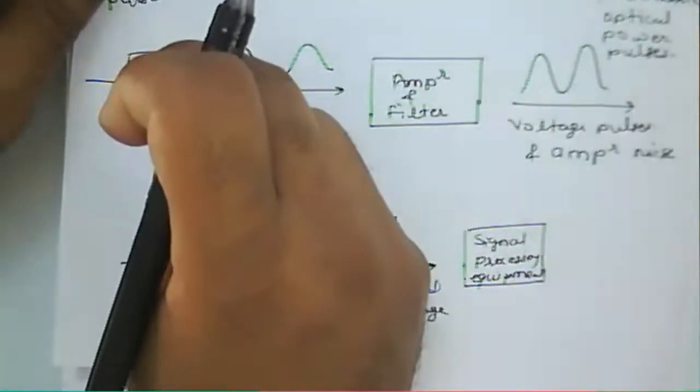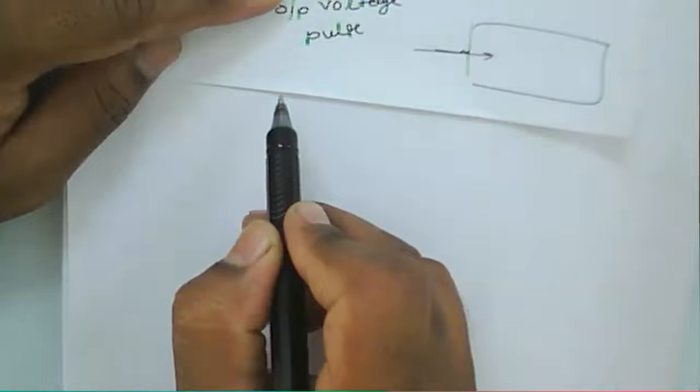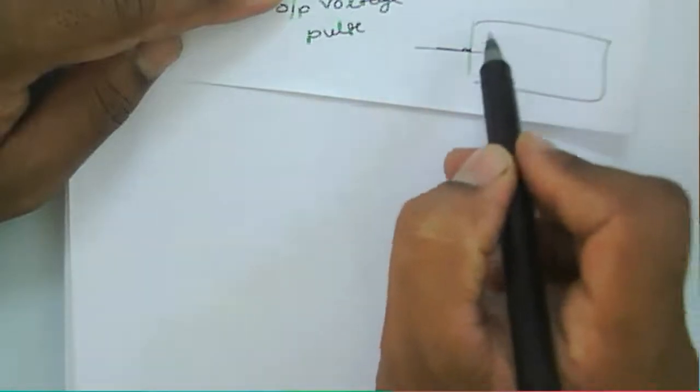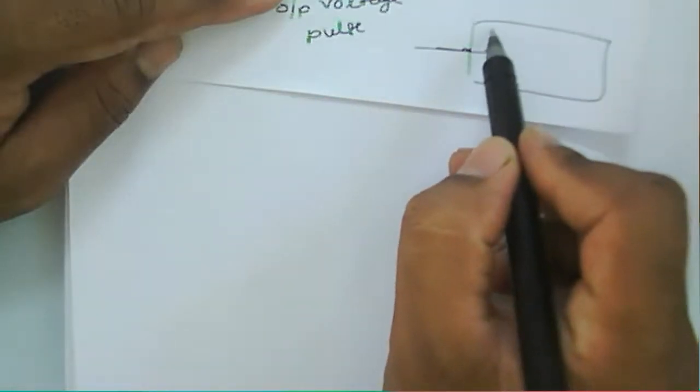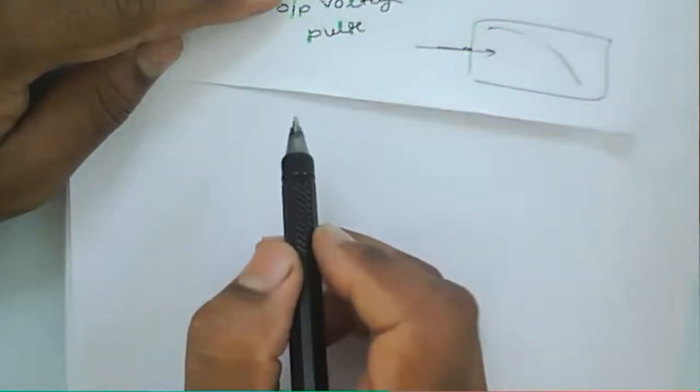That dark noise, because we have a detector, and if you consider the detector, a photon will be inserted inside this particular detector, and accordingly an electron hole pair is generated, and we get the response of a current.